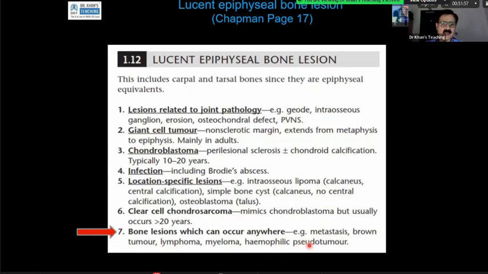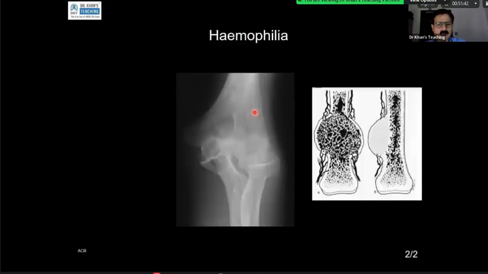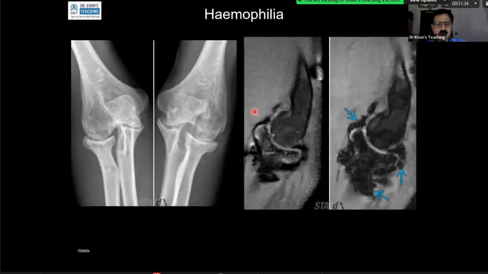It can occur anywhere. And I think we should add LCH also there. Now, because it is adult, they have not mentioned it, but in a child you should. Now, if you see here, this is the same concept, intraosseous bleed. Intraosseous bleed can cause pseudotumor.